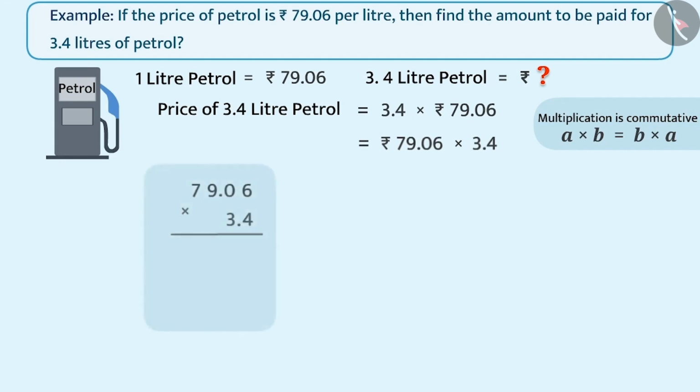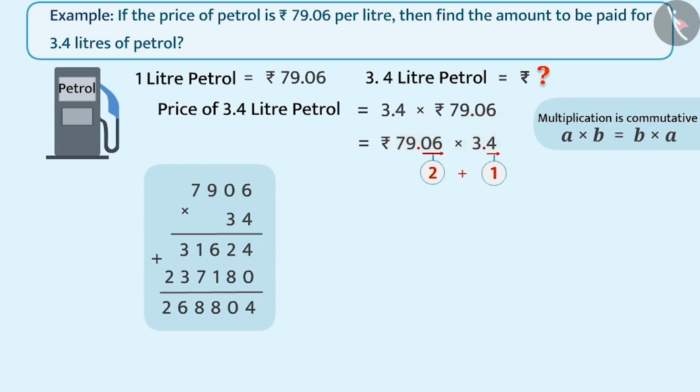To find the product, first we will ignore the decimal points of 79.06 and 3.4 and we will perform multiplication similar to whole numbers. That means we will find the product of 7,906 and 34. This multiplication can be done in the following way. The answer will be 2,68,804. Now we can see that in 79.06 and 3.4, to the right side of the decimal point, there are a total of 1 plus 2 is equal to 3 digits.